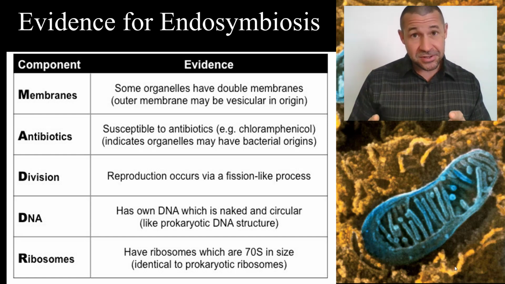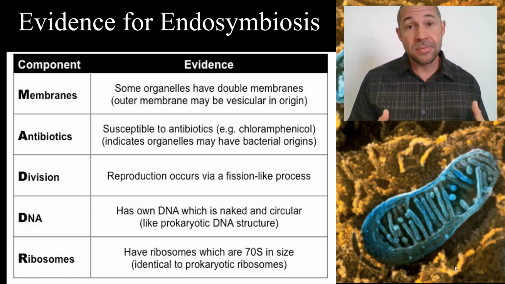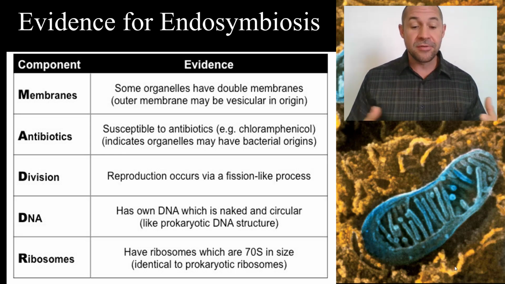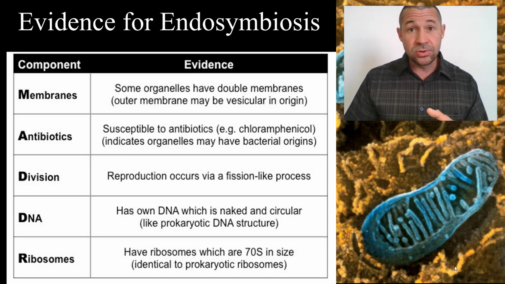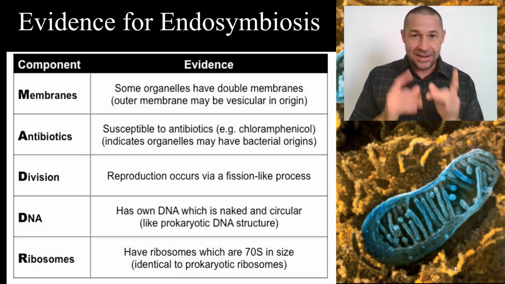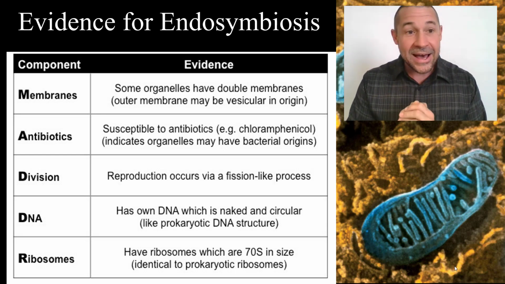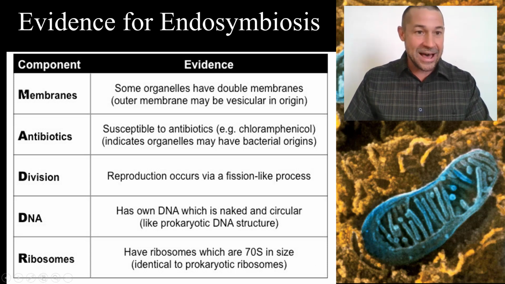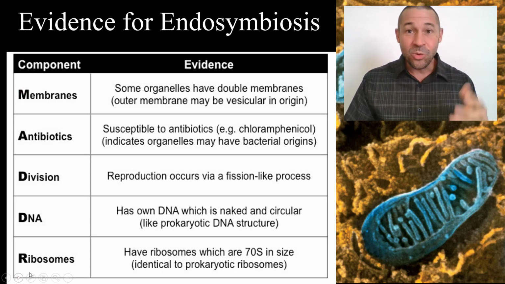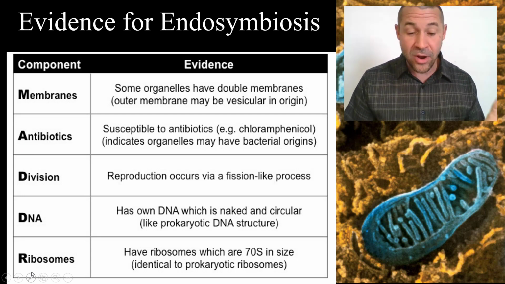So, the evidence for the endosymbiotic theory, the theory of endosymbiosis, it's quite compelling. To aid students in remembering this evidence, I always encourage them to remember the acronym, the MAD Doctor, like you see on the left, where M stands for membranes.